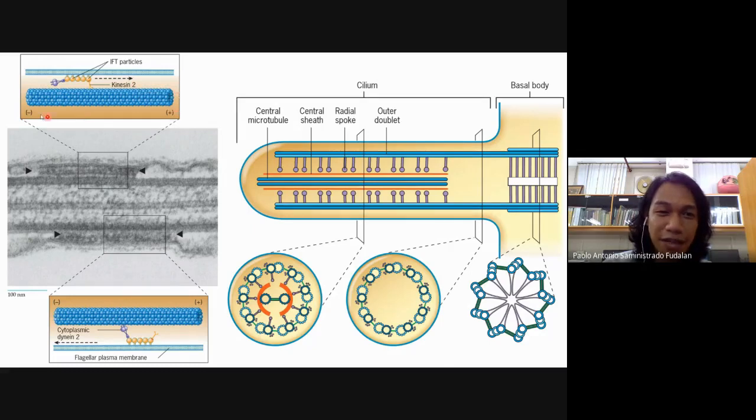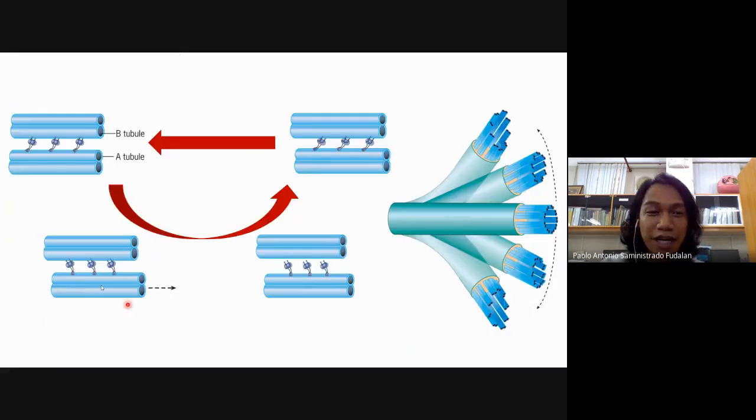From minus to plus, that's the kinesin that will carry the material to the tip of the flagellum or cilium. But going back, of course, from plus to minus, that will be the dynein. And this one is a special type of dynein. This is cytoplasmic dynein, so its role is to carry vesicles. But the dynein a while ago is not cytoplasmic because it is attached to your A tubule. So this one is the flagellar or ciliary dynein.